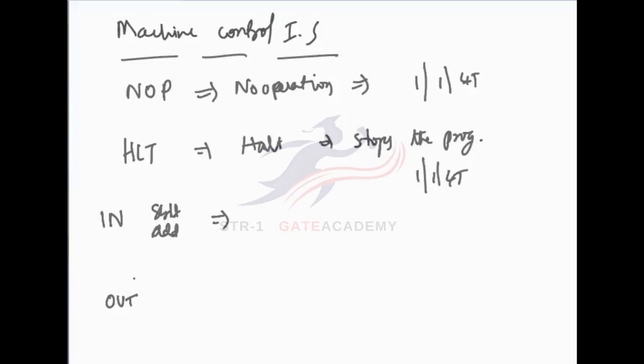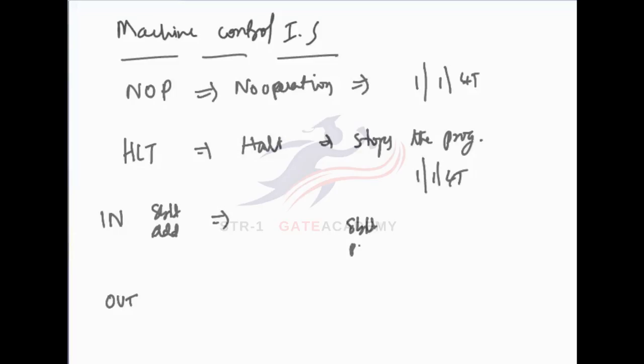Any data transfer between the microprocessor and external devices is possible through the accumulator. IN transfers data from the external device to the accumulator, that is, the microprocessor accumulator. OUT stores the accumulator data into the external device. That external device is other than the memory, like an input device, output device, or display devices.